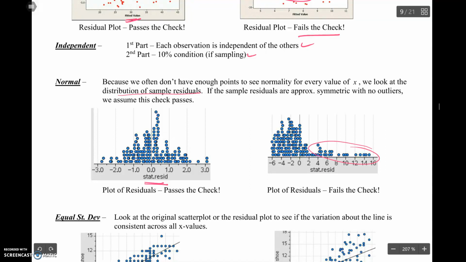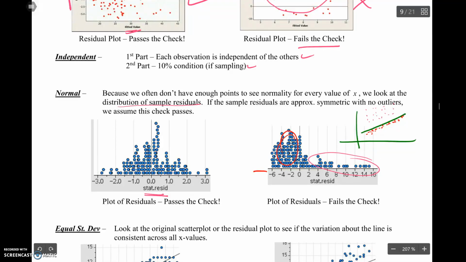By the way, what would this look like if you were to make a scatter plot? There's our line of best fit. I have a whole bunch of residuals that are relatively close to the line of best fit and nothing further than 6 away. But on the upper side, my residuals are very much spread out.